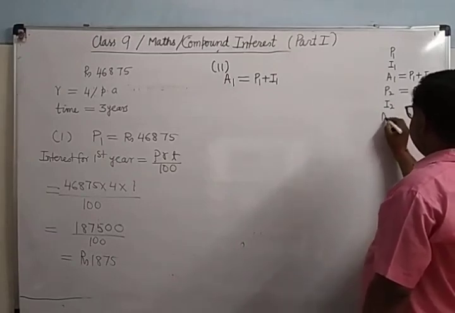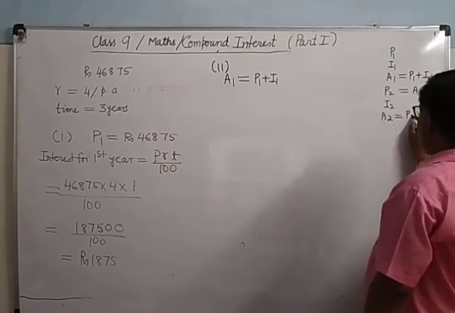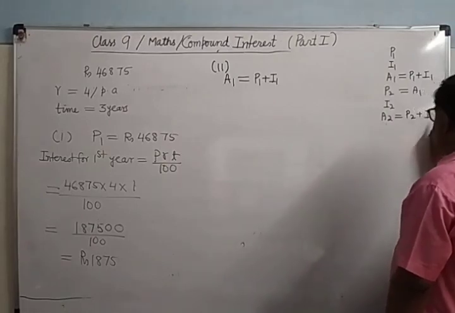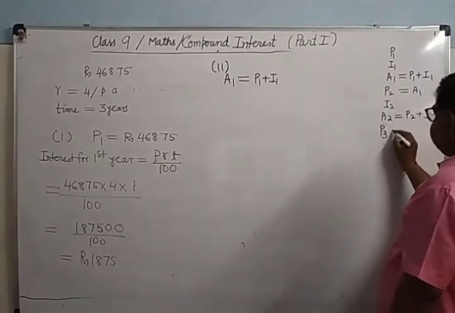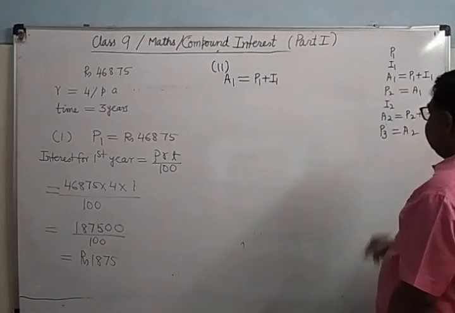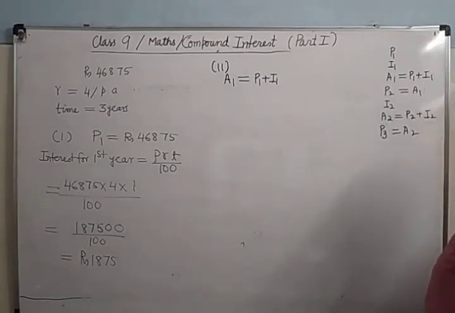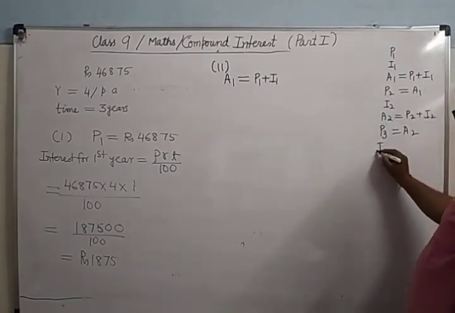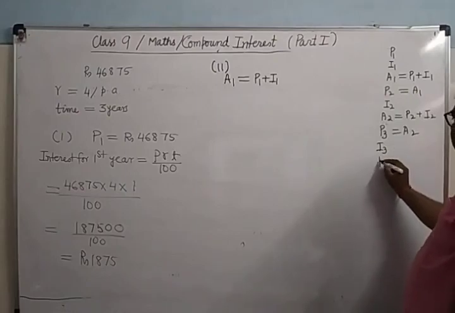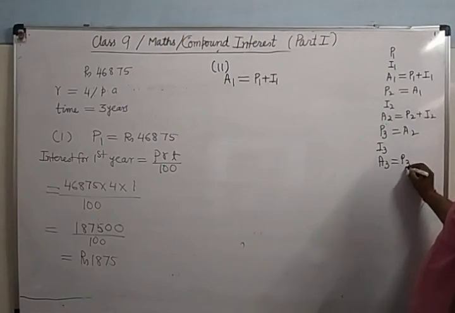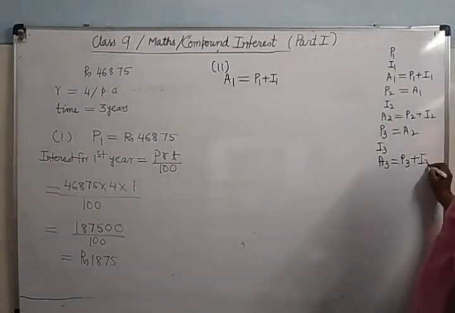Then A2 will be P2 plus I2. For the third year the principal will be A2. We will calculate I3, and then A3 is P3 plus I3. It's clear?